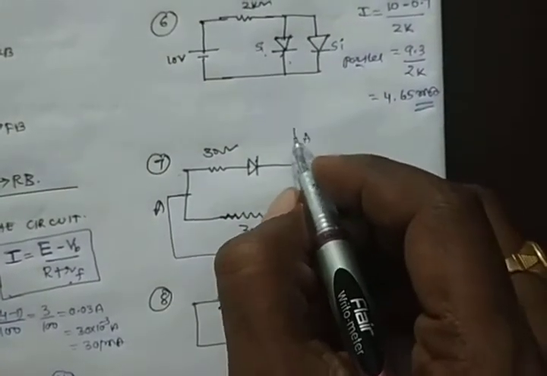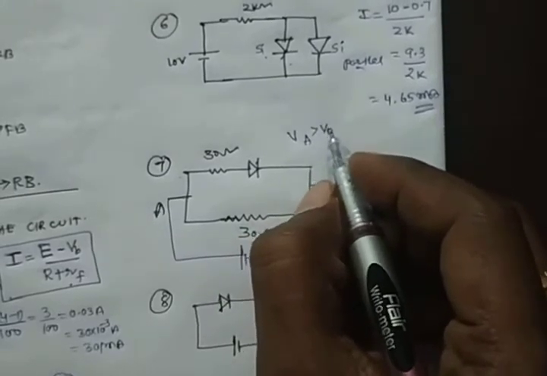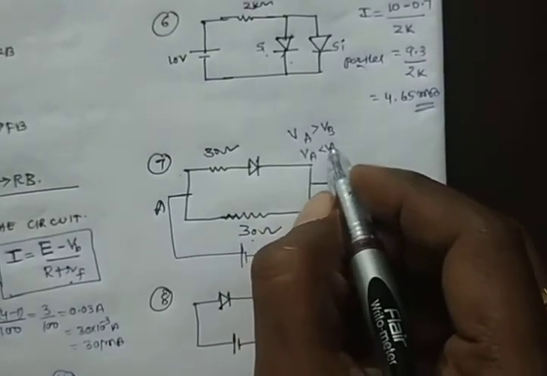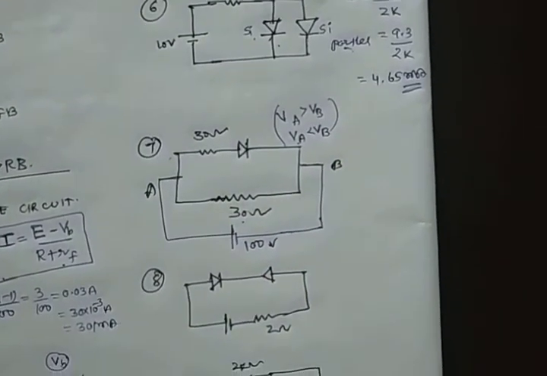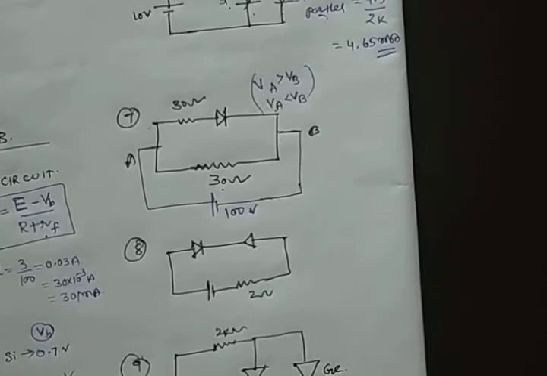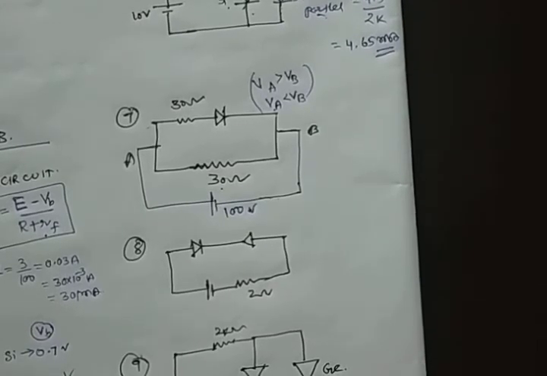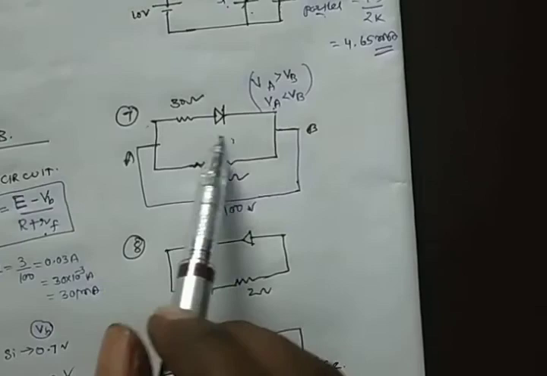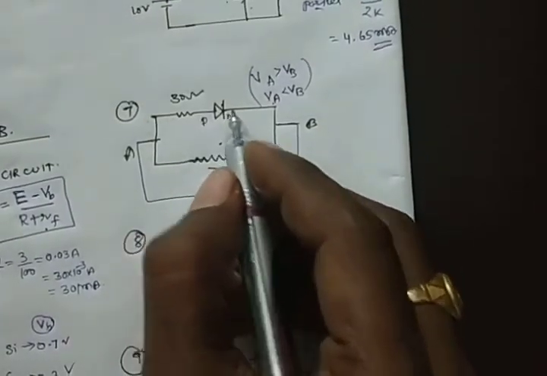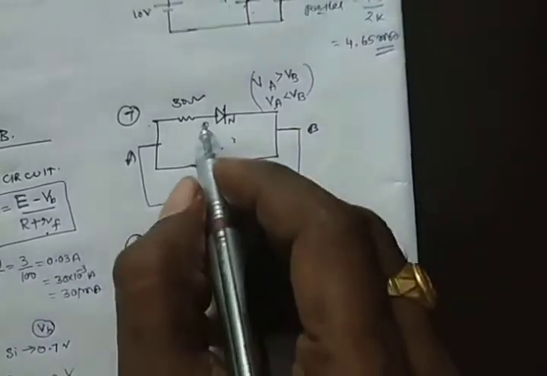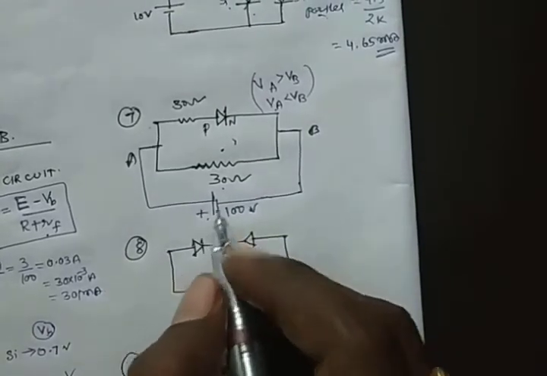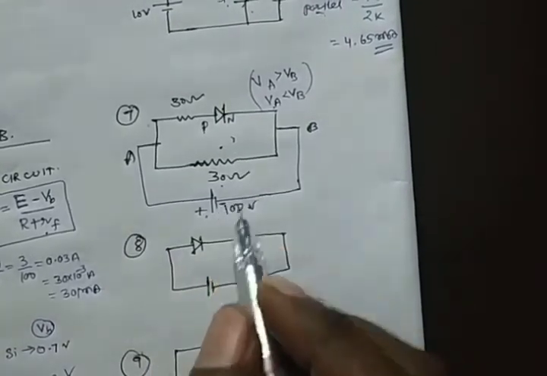In one, potential across A is more than B; in the other, potential across A is less than B. Find the effective current they are asking. What I told you: if the potential across the P side is more than across the N side, the P type terminal is connected to the positive terminal of the battery and N is connected to the negative terminal of the battery, then it is said to be forward bias.